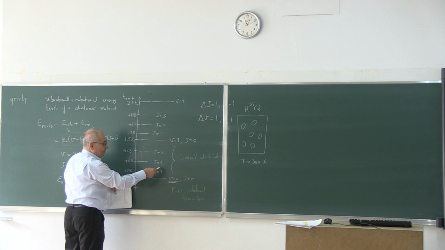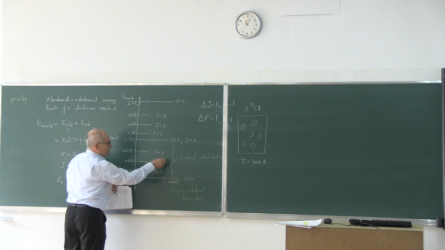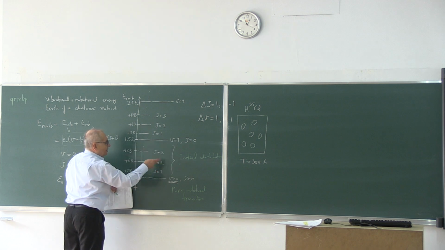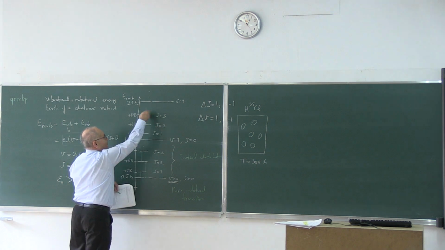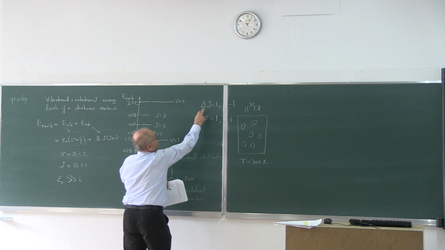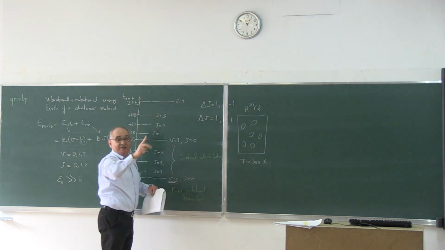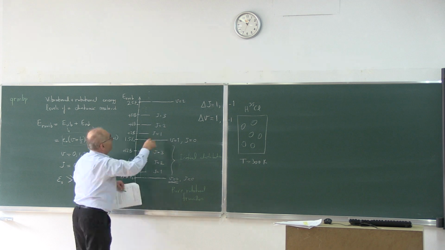it is possible to make transitions from the levels which belong to V equals 0, which are these levels, to one of these levels such that delta J equals +1 or -1. We are going to examine that.